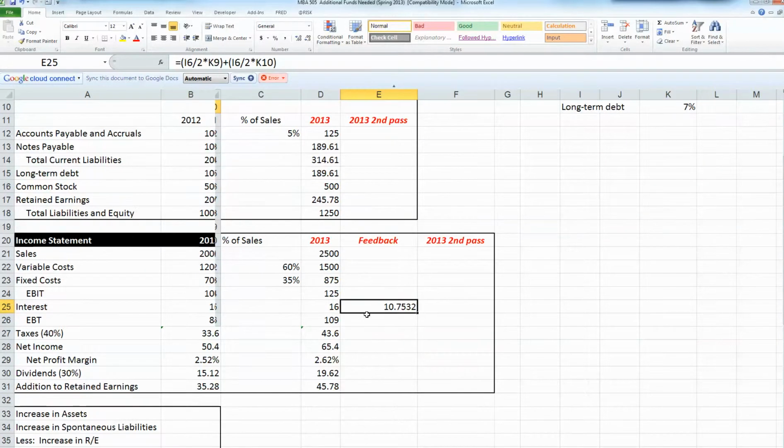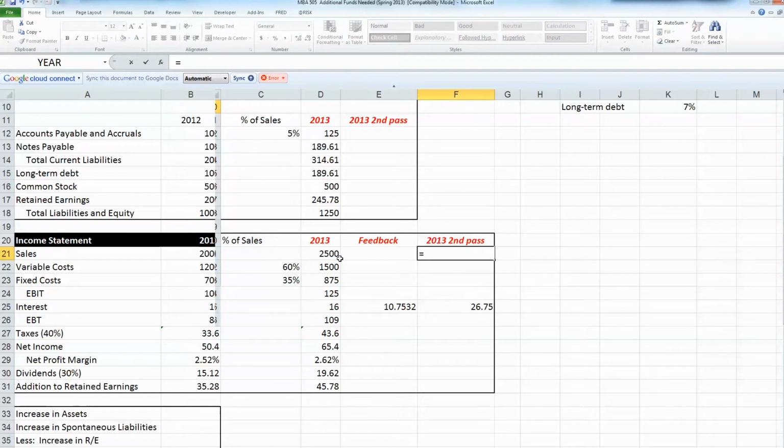So I am predicting I'll owe an extra $10.75 in interest expense. Now essentially what that's going to do is up my interest expense to $26.75 from what I had originally assumed of $16.